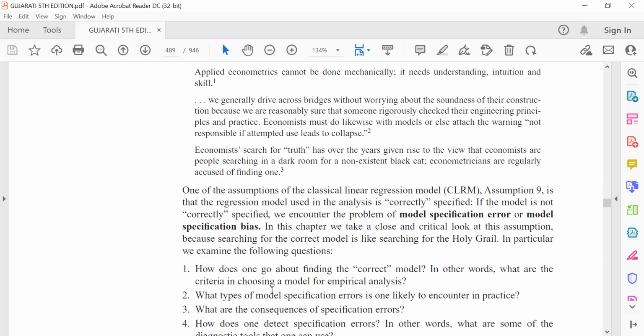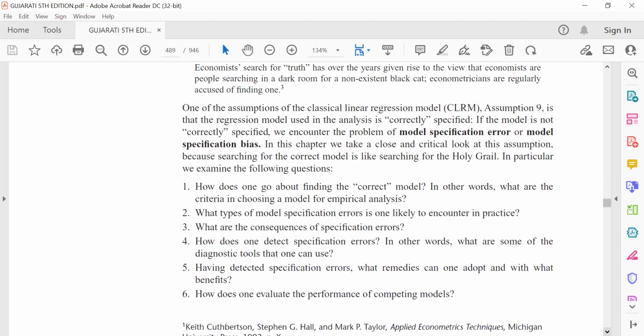In particular, we examine the following questions. How does one go about finding the correct model? In other words, what are the criteria in choosing a model for empirical analysis? Second, what types of model specification errors is one likely to encounter in practice?